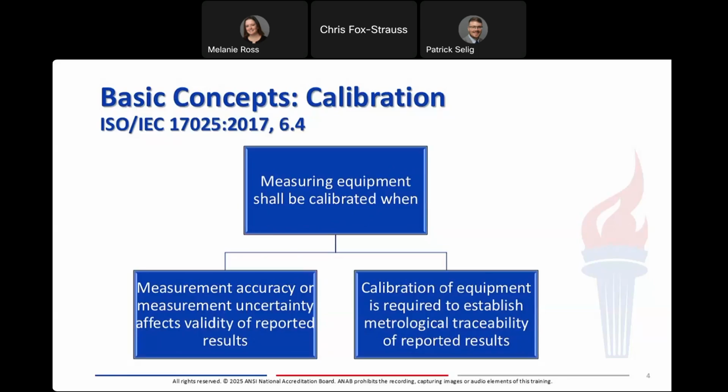So when we think about these two requirements in the standard, almost all of the measuring equipment that a testing laboratory uses would likely need to be calibrated, because uncertainty of the measurement accuracy can impact the validity of the reported results. And for most measurements that laboratories are making, metrological traceability is important for those reported results as well.